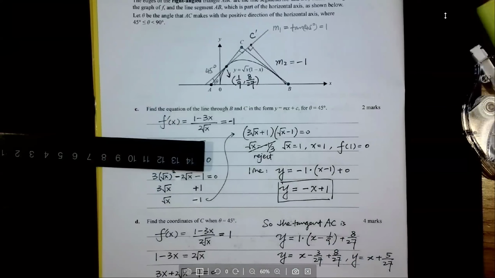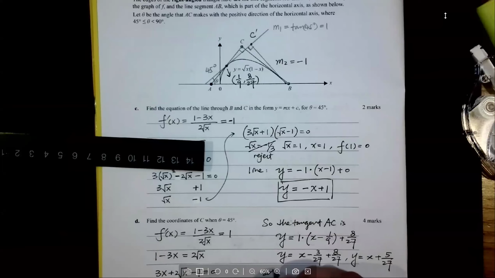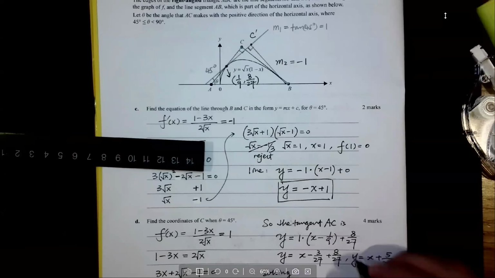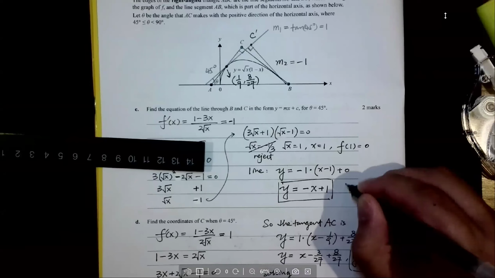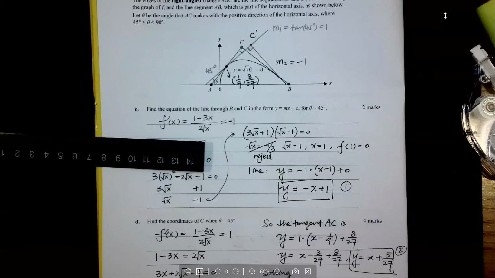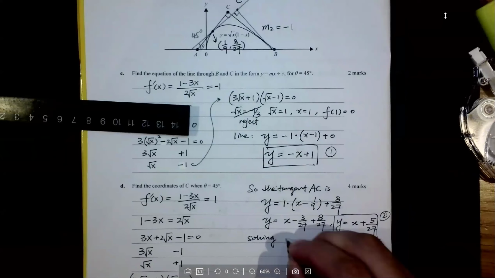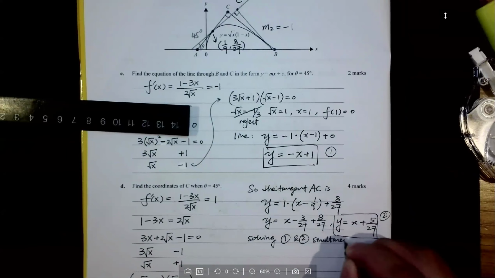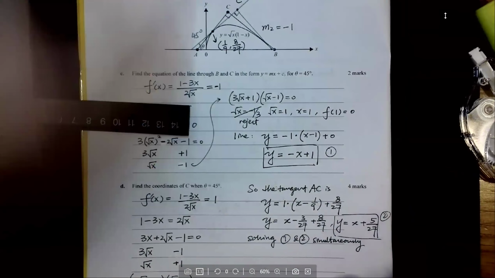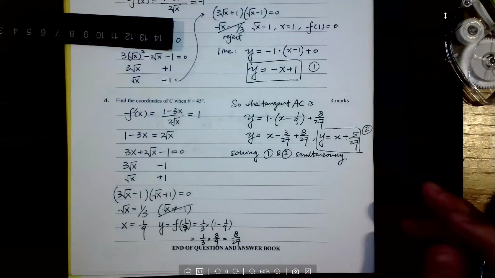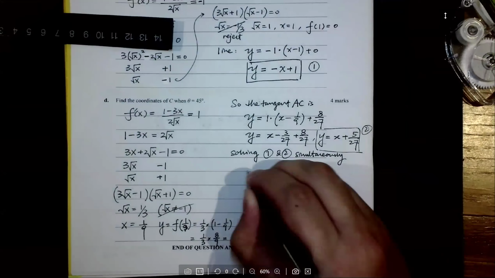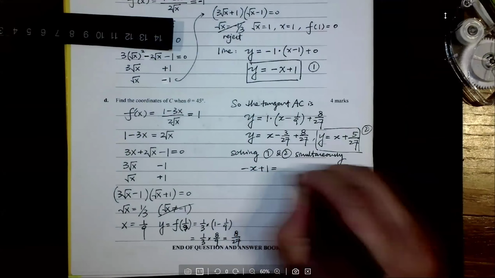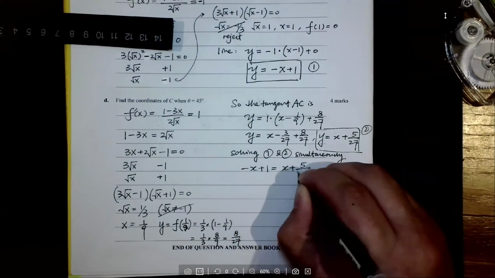And then, what else can I do? I can just say, okay, solving these two equations, let's call this 1, this is 2, okay? So 1 and 2 simultaneously to find an intersection C. For example, I can equate minus x plus 1 equals to x plus 5/27.